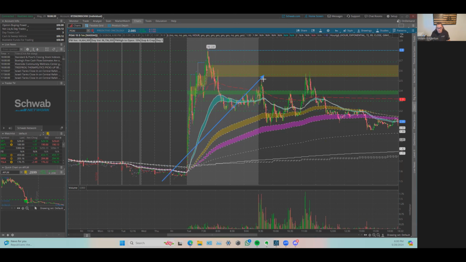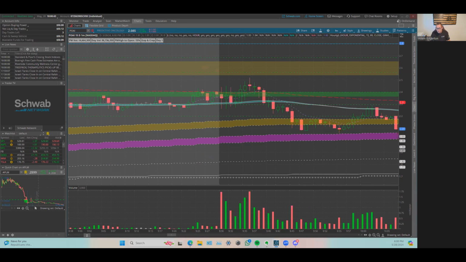But you want to be looking in here. He actually got in a little bit early, over here. He saw this thing reject 250 and jumped in. But I was looking for the golden zone, and that's just how I play it.